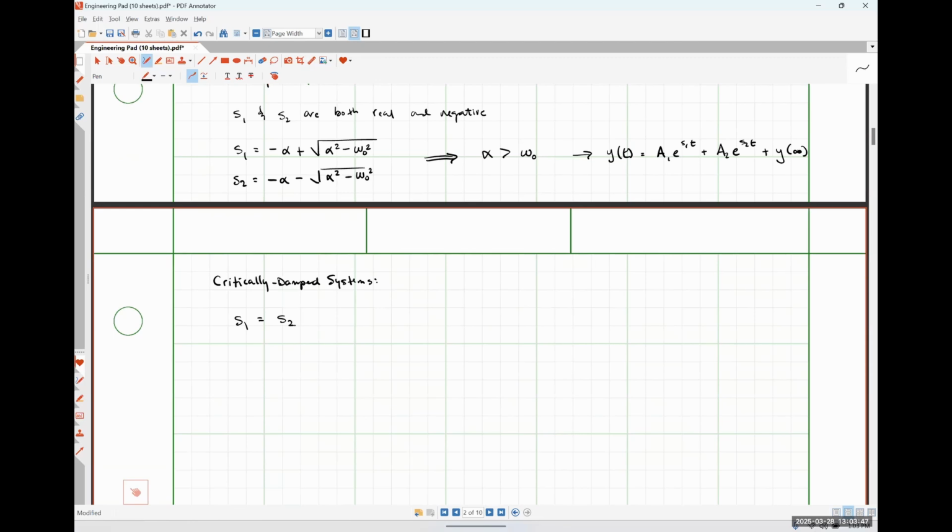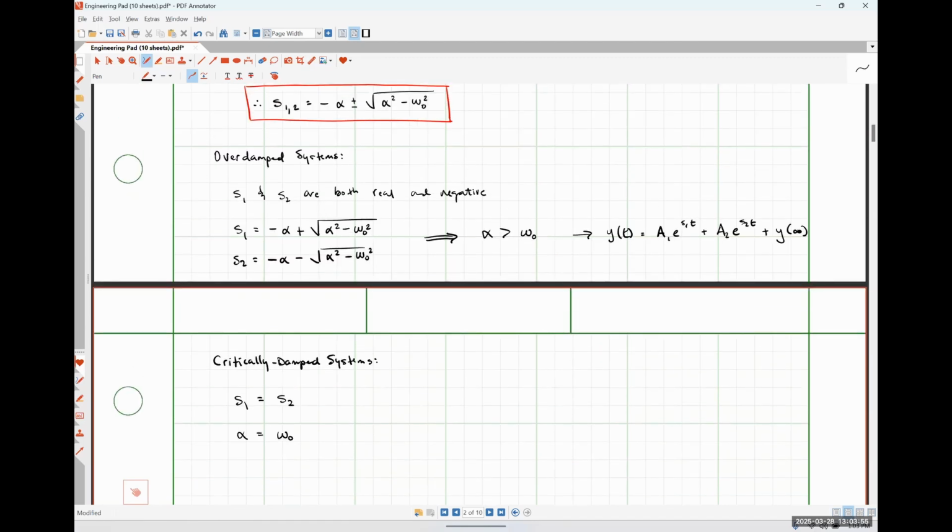And the implication of this is then alpha has to be equal to omega naught, right? So if I look at my expression for S1 and S2 above, if alpha is exactly equal to omega naught, everything under the square root sign dies, and I have S1 is equal to negative alpha and S2 is equal to negative alpha, okay?